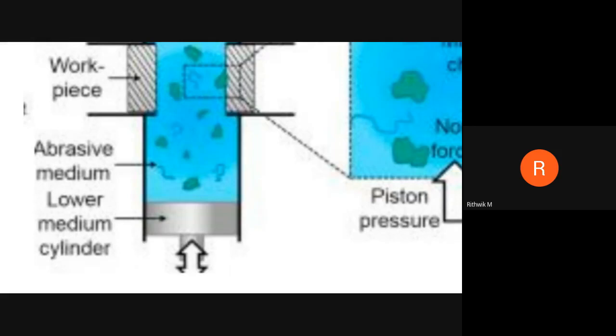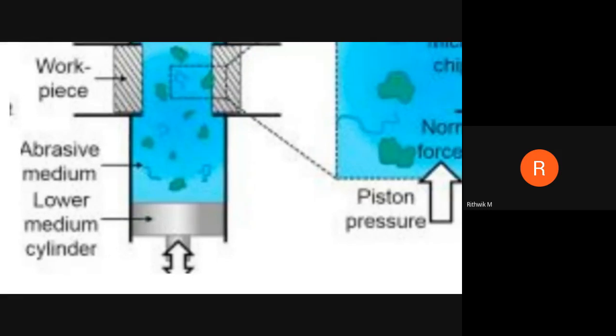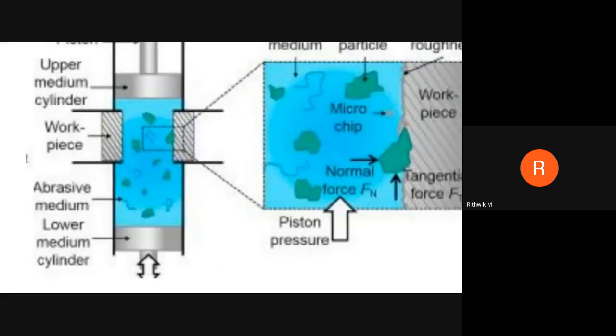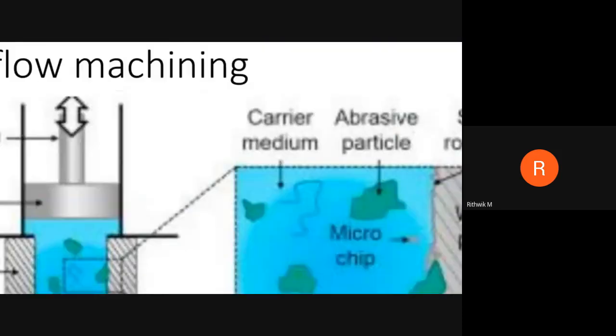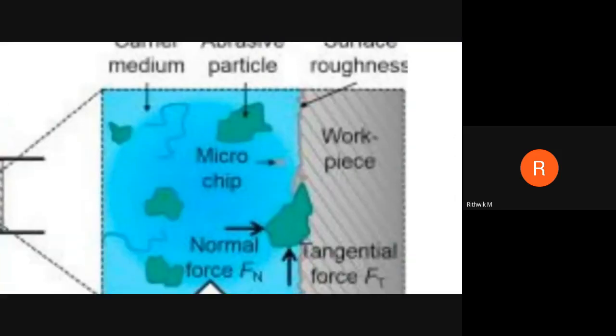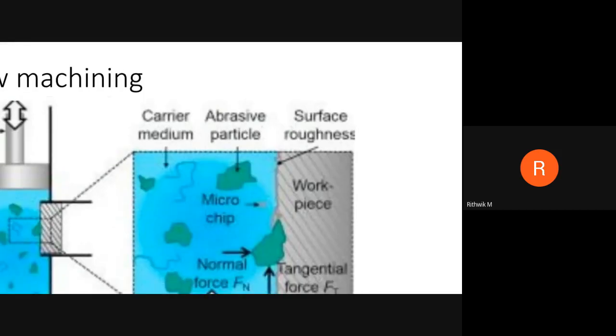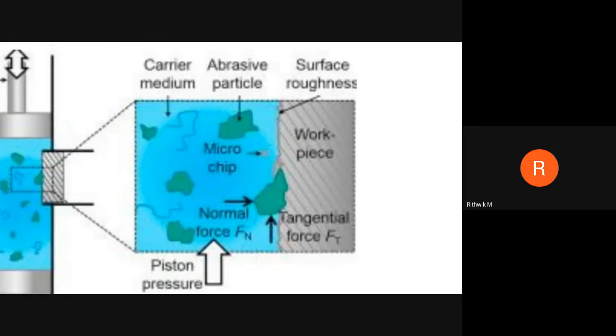This is the lower medium cylinder, and the interacting surface of the workpiece and the carrier is enlarged here. You can see the erosion and the forces acting on it, how it is being eroded. The green color thing, the abrasive particles, are hard particles ploughing the workpiece material with a force.